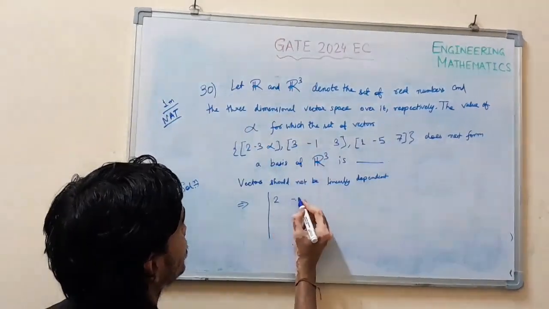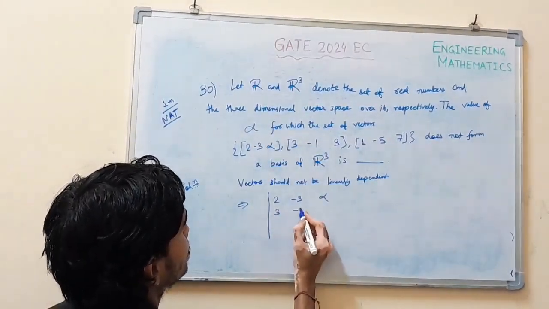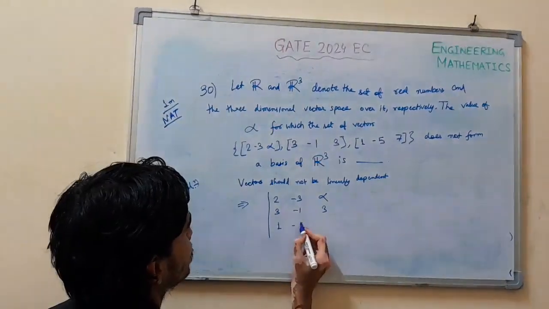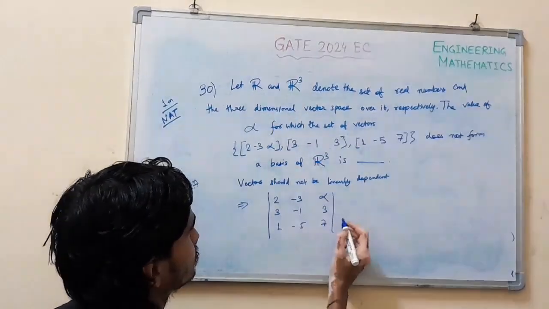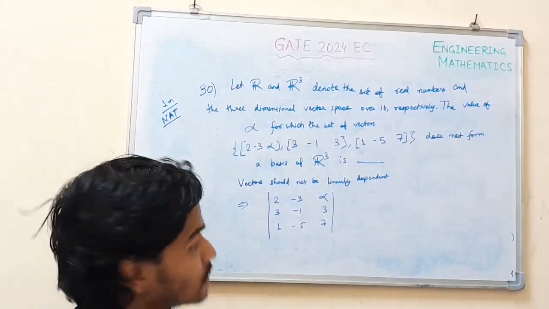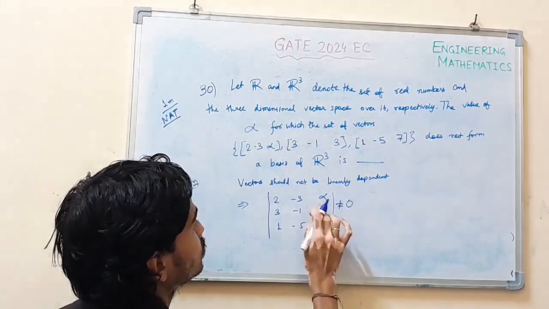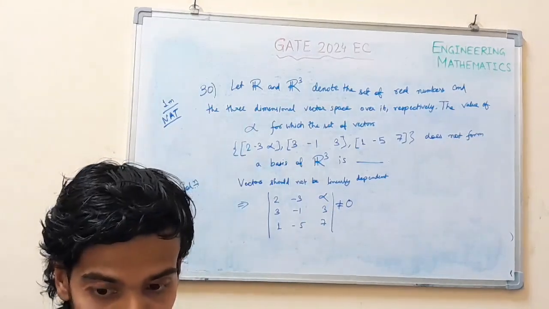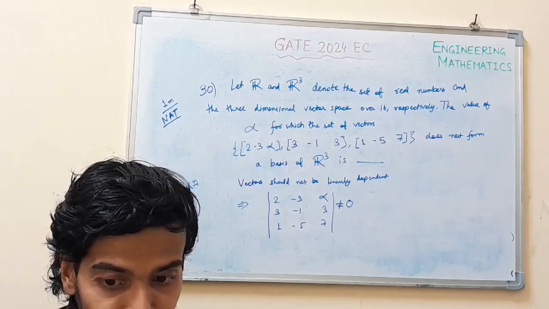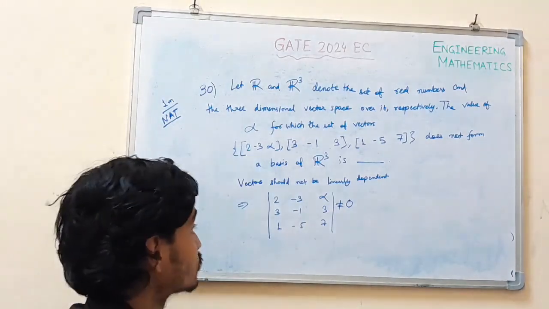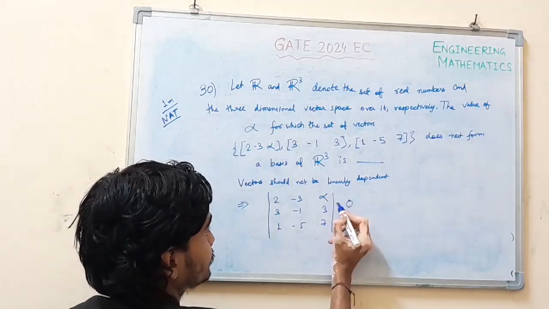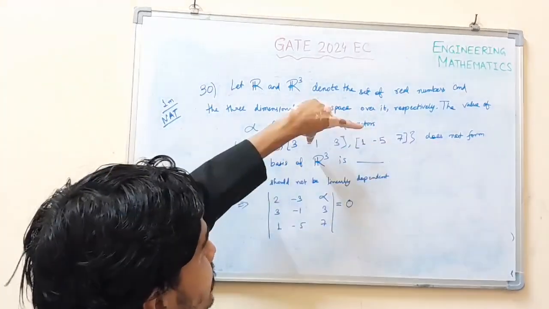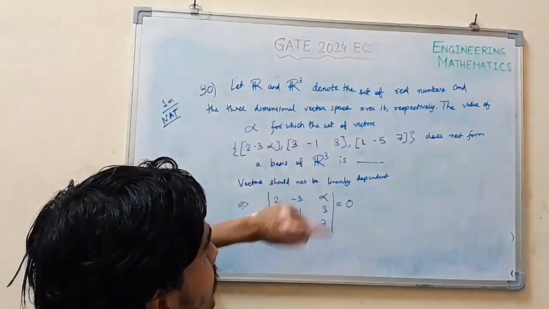This determinant, 2 minus 3 alpha, 3 minus 1 3, and 1 minus 1 7, should not be equal to 0. This will represent three-dimensional vector space when it's a basis of R cube.